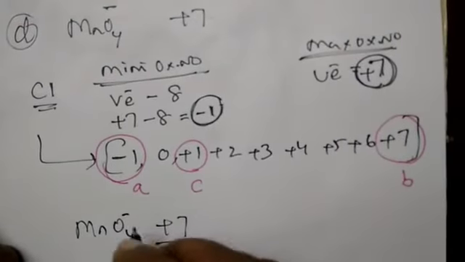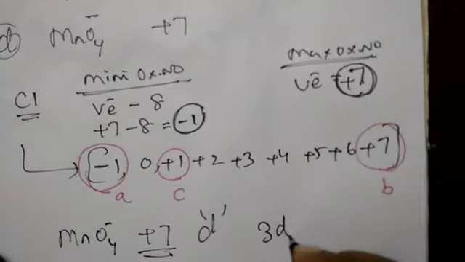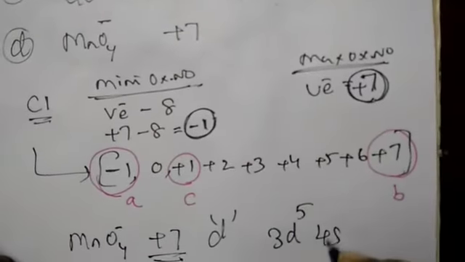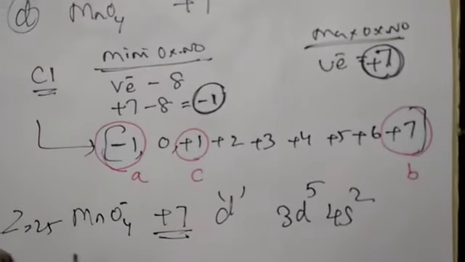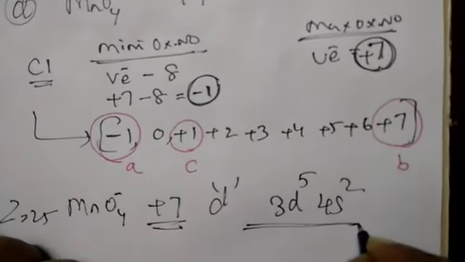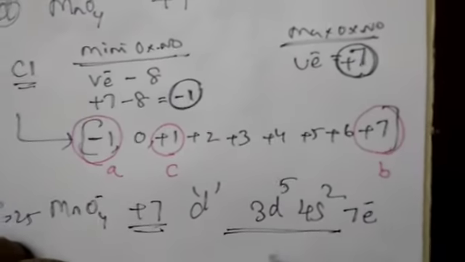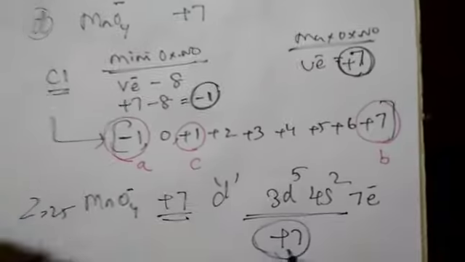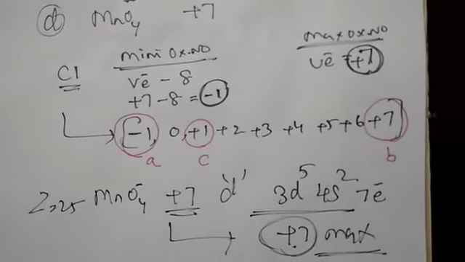We can calculate this: manganese is a d block element and its outer configuration is 3d5 4s2 because its atomic number is 25. 5 plus 2, 7 electrons. So its maximum oxidation state is +7. So it is in the maximum oxidation state.